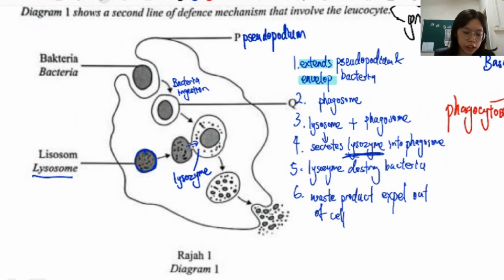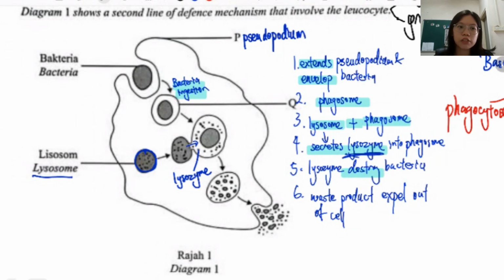This bacterial ingestion will eventually form a phagosome, which is Q. Later on, the lysosome right here will combine with the phagosome. This lysosome will secrete the lysozyme enzyme into the phagosome, and this enzyme will destroy the bacteria.